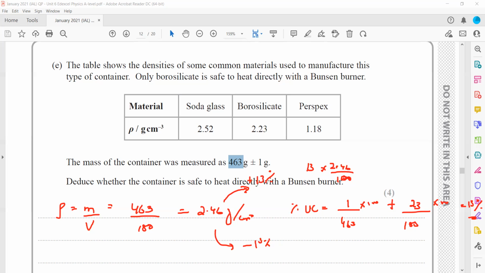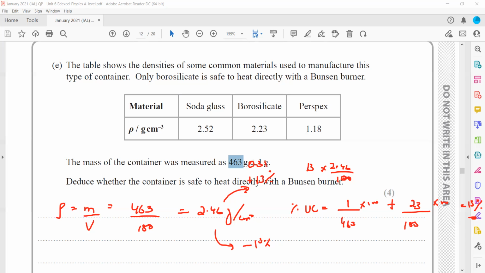You can also multiply by 1.13, which is also 13% extra. So 13% extra means 0.31 more.